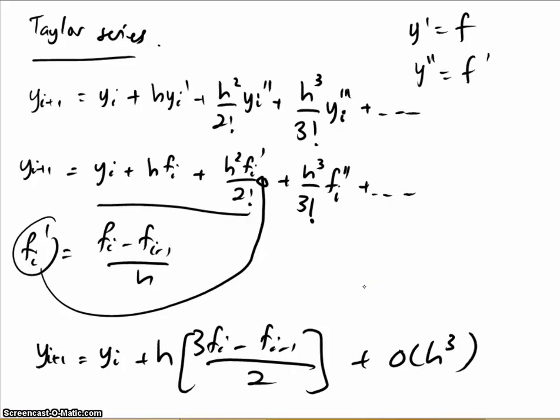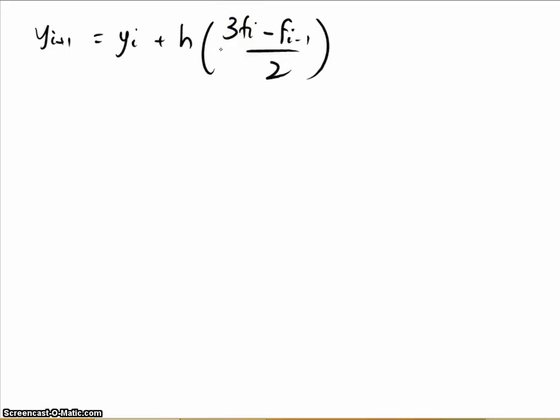Okay, so this is obtained from Taylor series. Now if I write it again just for convenience, this would be h(3f_i - f_{i-1})/2. Okay, this is from our Taylor series.